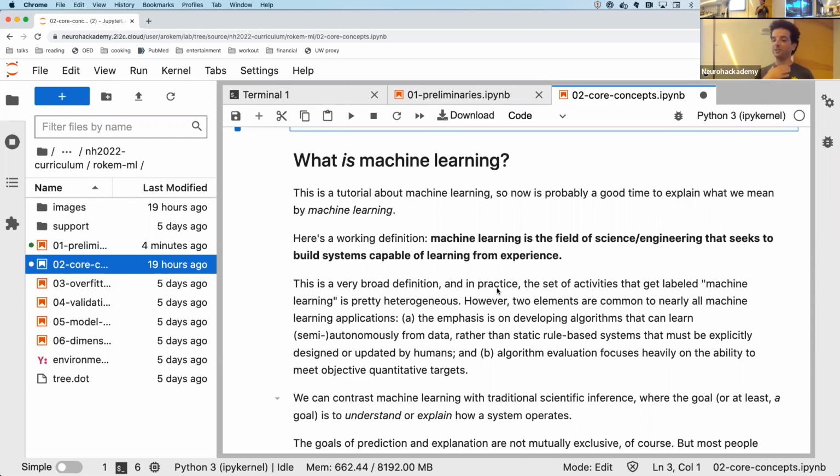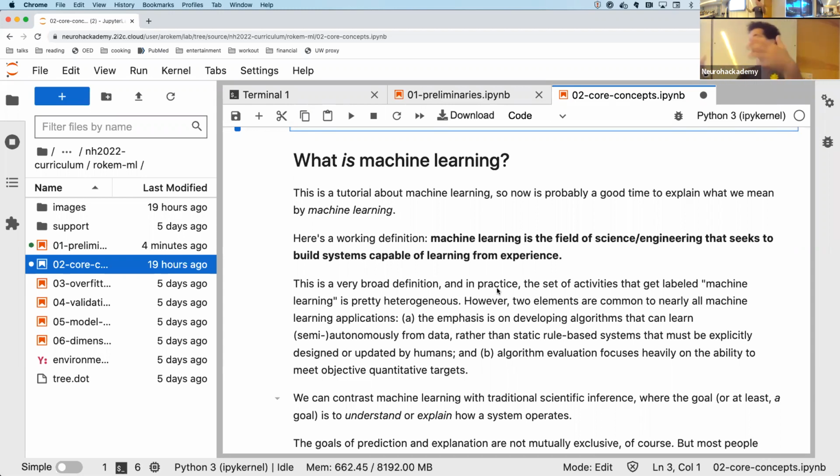It's a very big field. But there are common features to all of this. The emphasis is usually on developing systems that can learn mostly automatically or semi-automatically from observation of the data, rather than other systems, so-called expert systems, into which we've built in rules.